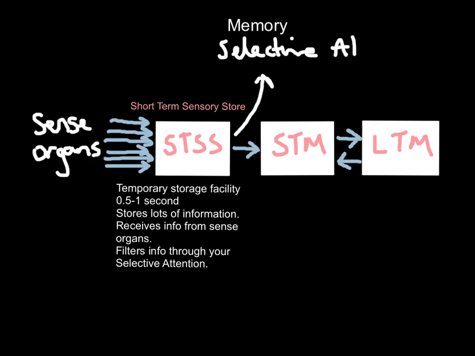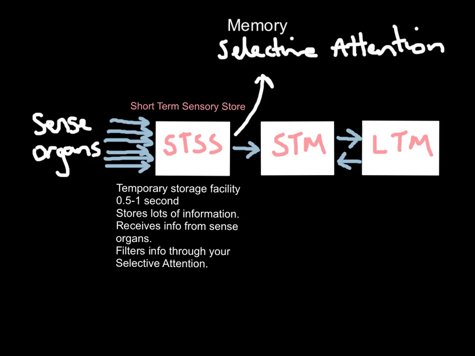It also includes your selective attention, that filtering mechanism, okay? So lots of information hits your short-term sensory store from your sense organs. Because it can only hold that information for up to a second, it uses your selective attention to ignore, ignore, ignore, ignore. Right, that's what I'm going to focus on, and I'm going to pass that through.